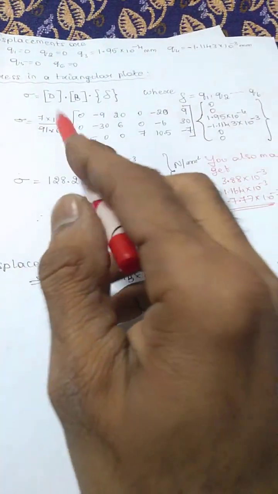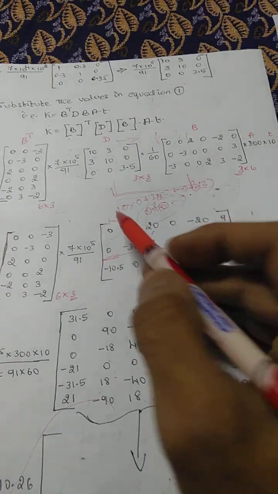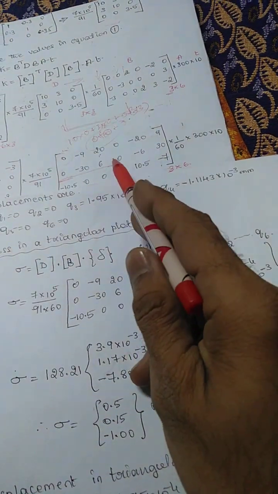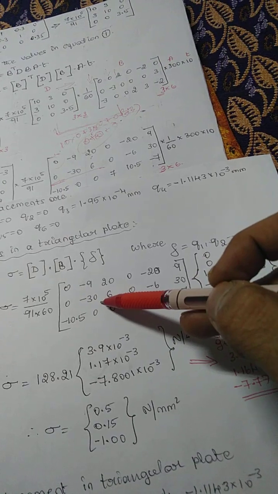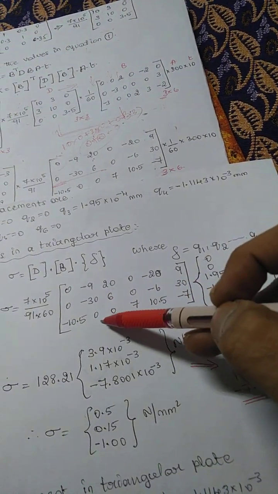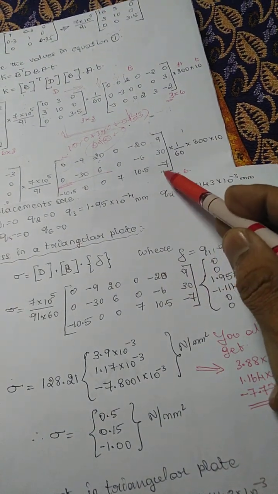Yeah, so d and b value we have got. To avoid any extra calculation we'll use the same value which we have done here. See, d and b, these are the same values you have. 0 minus 9 20, 0 minus 29, 0 minus 36, 0 minus 6 30, minus 10.5, 0 0 7, 10.5 minus 7, same value.